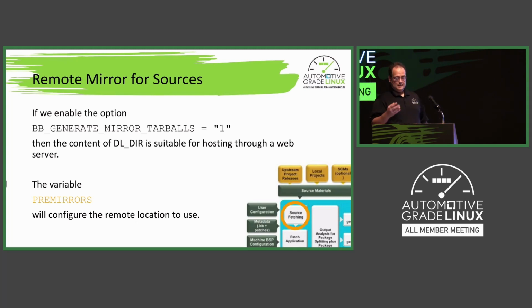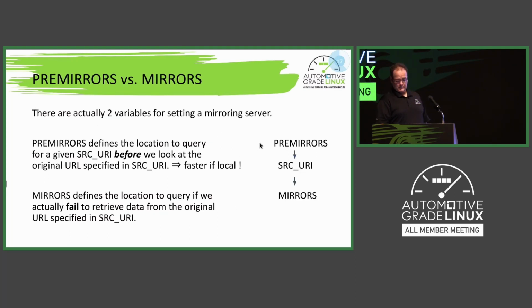So that can be used to cache sources more closely to your machine. And that's the chain of events. First we check premirrors, then we check the SRC_URI, so the actual URL provided in the recipe, and then there's a backup, and the Yocto Project hosts a set of mirrors.